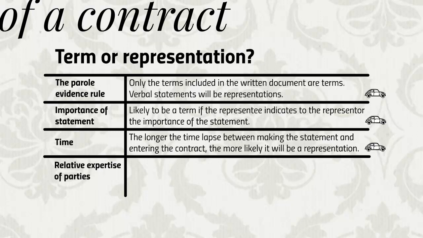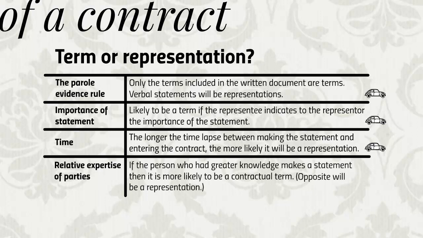representation. And the final point, the final of the 4 points, whether a court would consider something a term or representation, is the relative expertise of the parties. And perhaps this is unsurprising because it looks at the expertise of both parties.